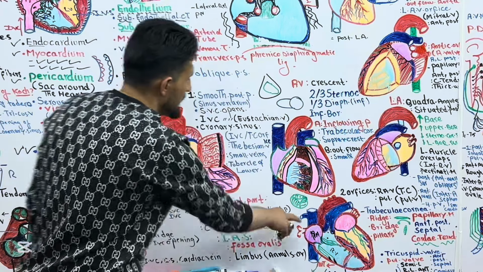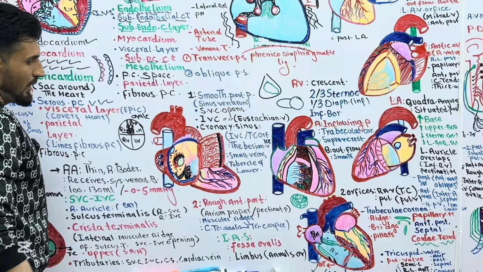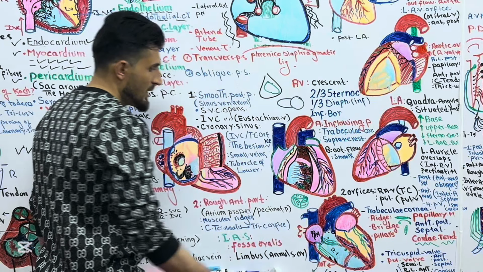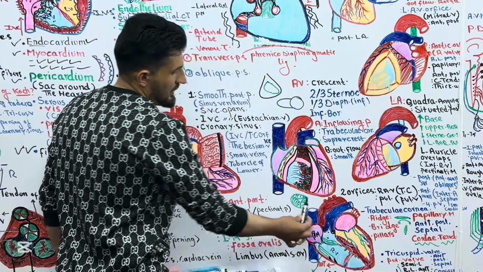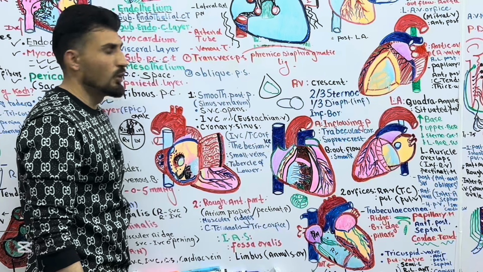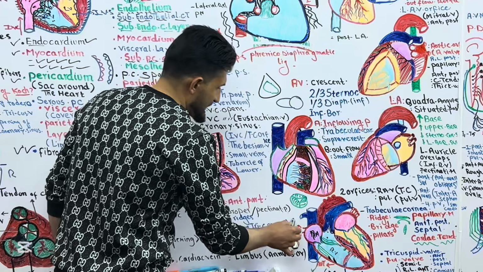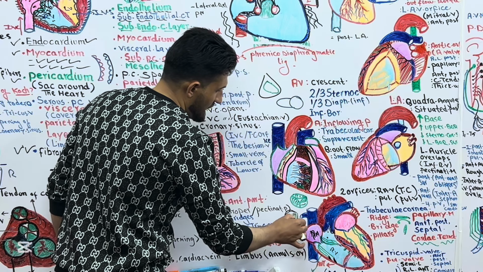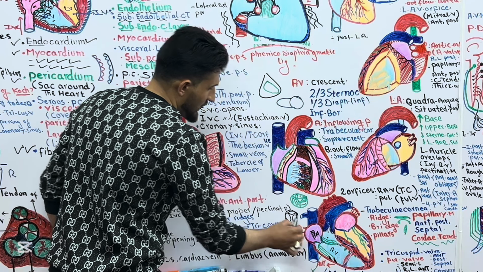This is the most important function of the valve. Okay, so now here we have an important point. This valve is also called the semilunar valve, because the cusps of this valve have a semilunar structure.